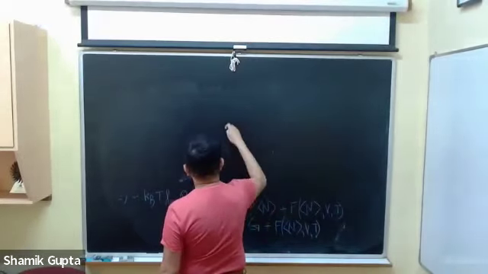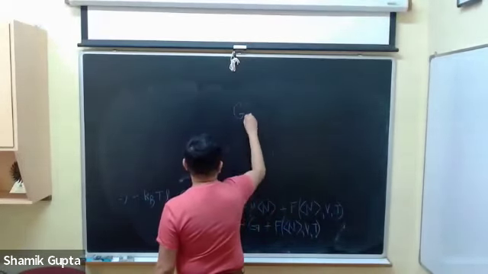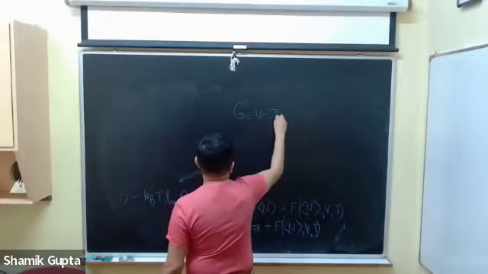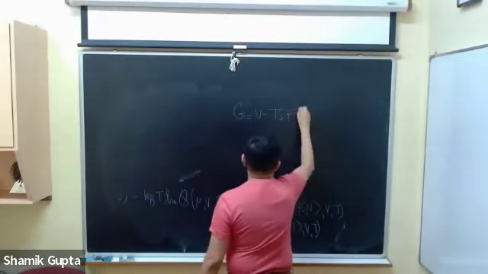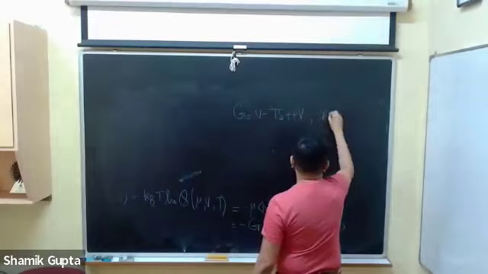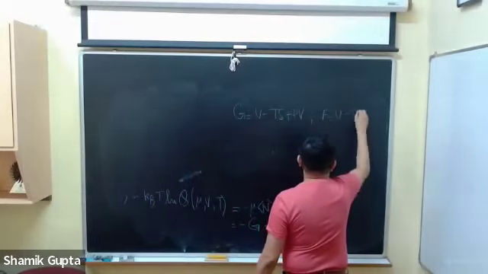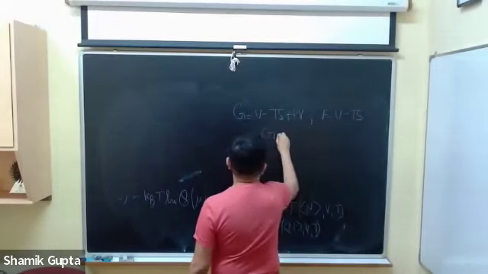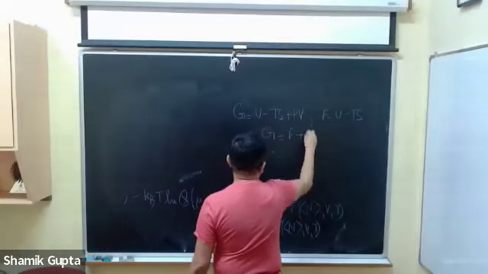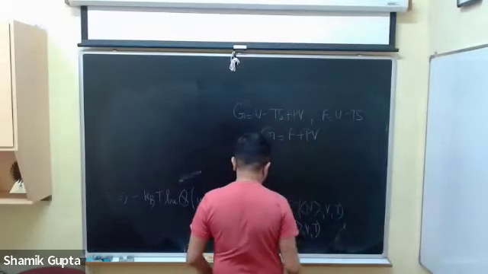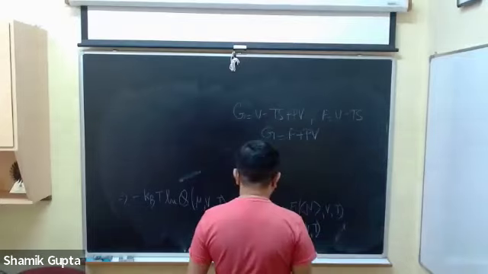Now let us recall the definition of G. G was U minus TS plus PV, and F is equal to U minus TS. So G is nothing but F plus PV combined.